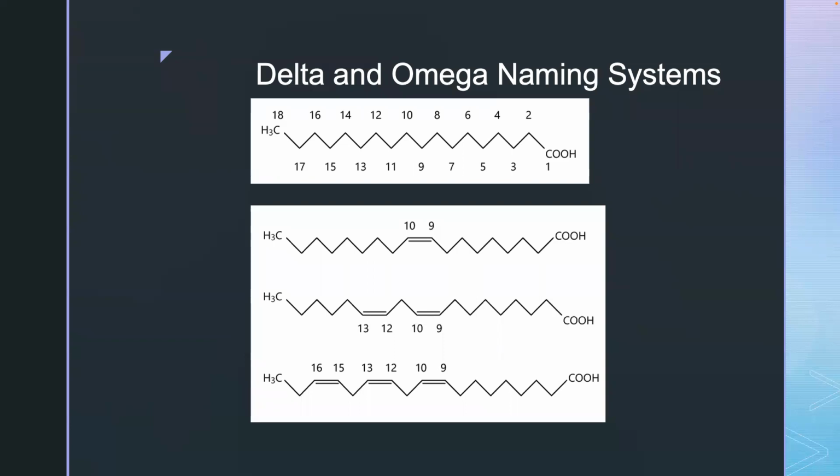For the omega naming system, you only have to name where the first double bond is located. So if we look back up at example 3, this name in the omega naming system would be 18:2 omega 6. That is because, again, we name it from the opposite direction, and the first double bond begins at carbon 6.